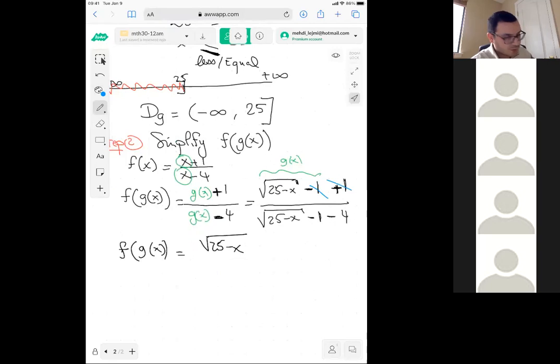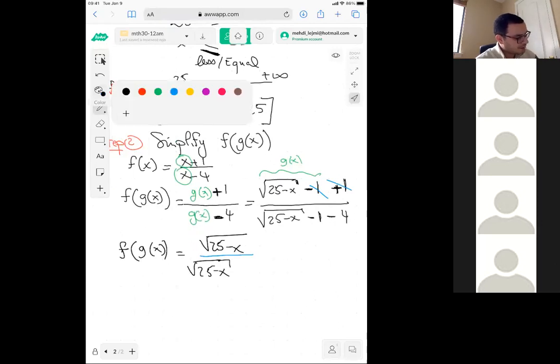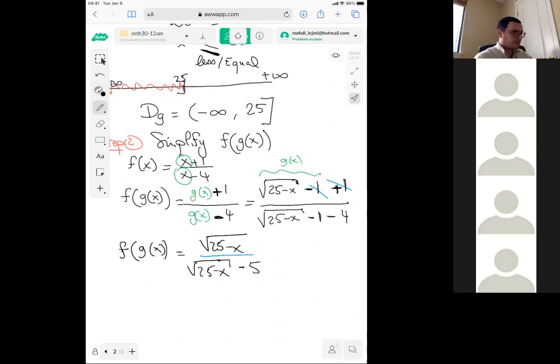So it's just the square root of 25 minus x in the top, and in the bottom, it's the square root of 25 minus x, and then there's minus 1 minus 4, so that'll be minus 5. So it's actually the square root of 25 minus x over the square root of 25 minus x, minus 5.